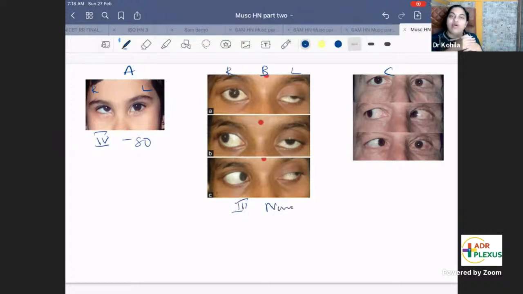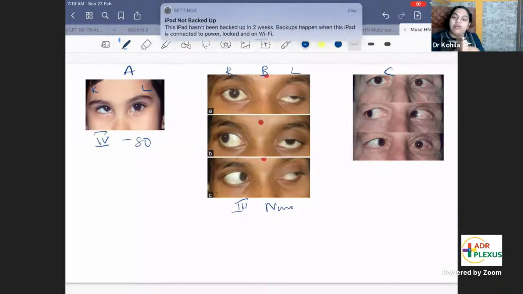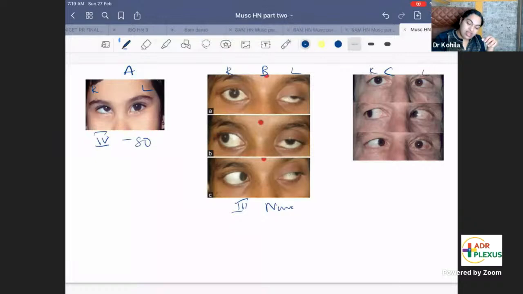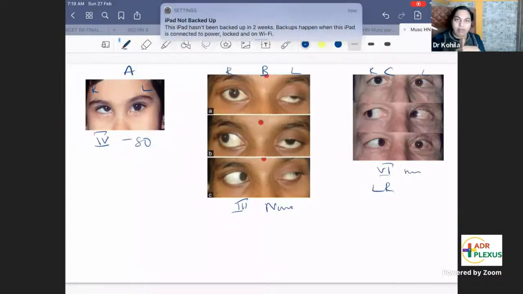What is the muscle responsible for ptosis? The levator palpebrae superioris. The paralysis of levator palpebrae superioris will lead to ptosis, right? Yeah, here, this is your right eye. This is the left eye. Yeah, the left eye, here is your sixth nerve palsy, which supplies the lateral rectus. So the patient is not able to abduct, and developed an internal squint.